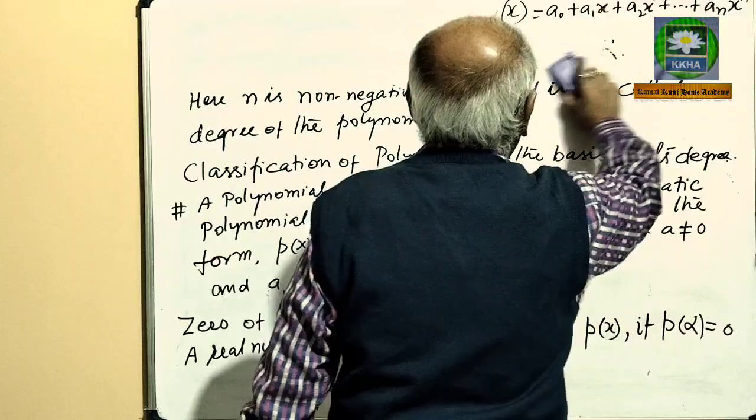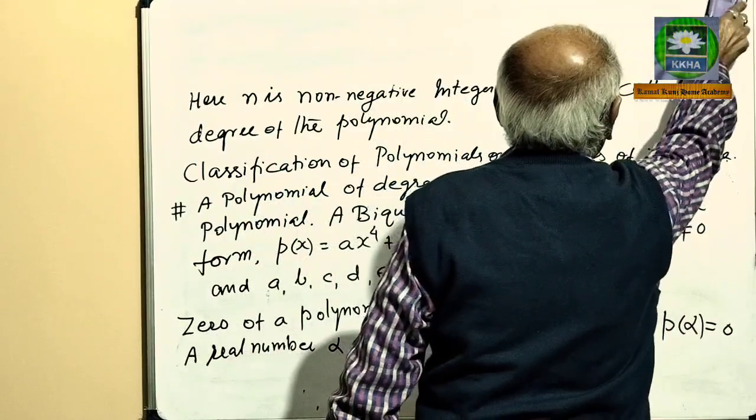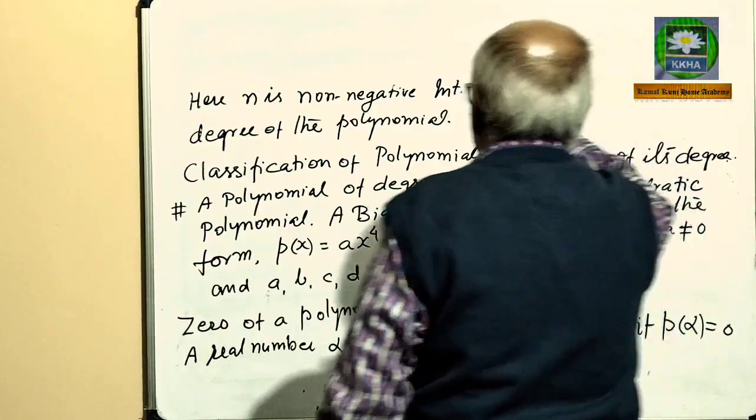Now we will establish a relationship between zeros of a polynomial and coefficients of the polynomial.